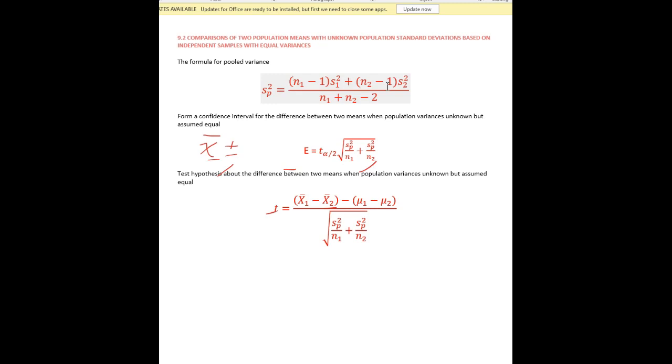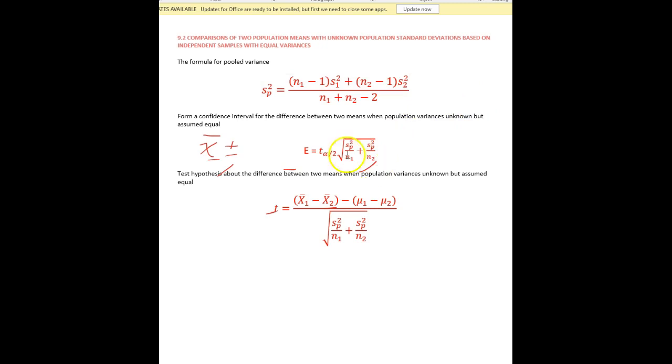The pooled variance is equal to the degrees of freedom of the first variable times the variance of the variable plus the degrees of freedom of the second times the variance of the second, all over the degrees of freedom of the whole thing, which is n1 plus n2 minus 2. Okay.